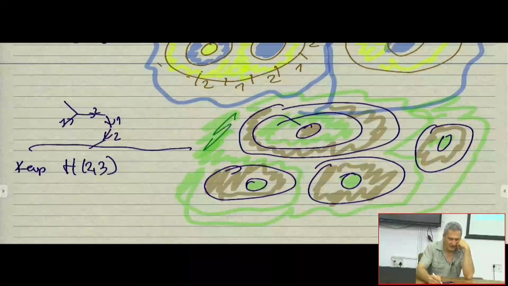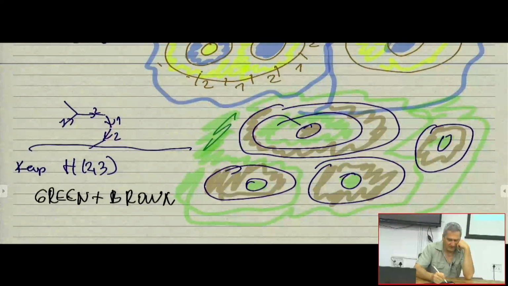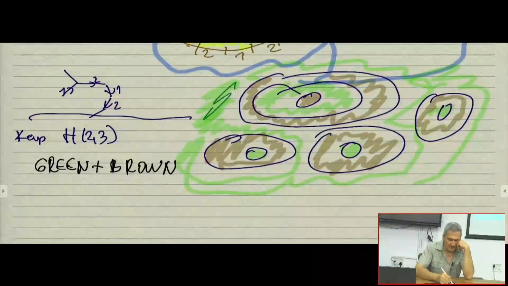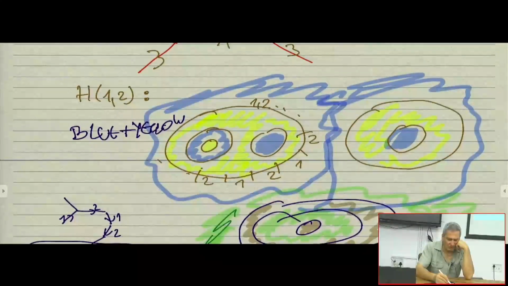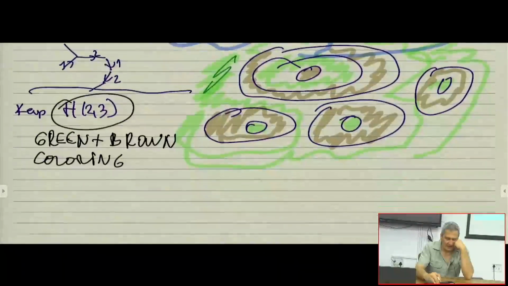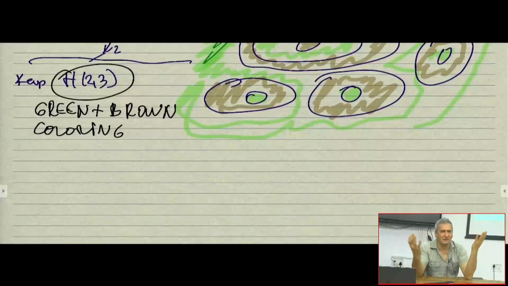Green, green. We have here green and use brown coloring. When we took this H23 and when we took H12, we had blue and yellow. Okay? Now take the original graph.